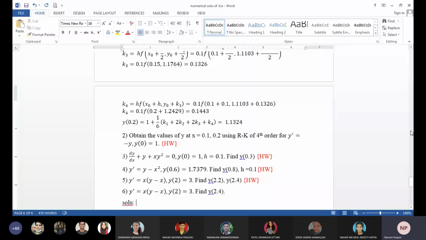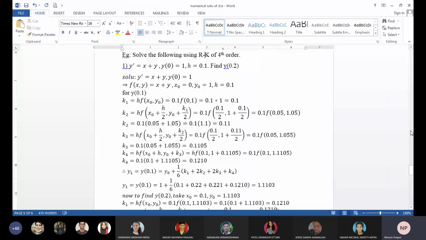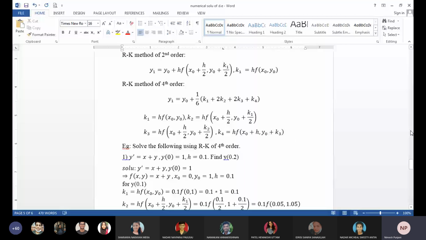This is RK of fourth order. So what is your formula for RK of fourth order? It is y1 equals y0 plus 1 upon 6 times k1 plus 2 k2 plus 2 k3 plus k4, where your k1, k2, k3, k4 are given by the respective formulas.